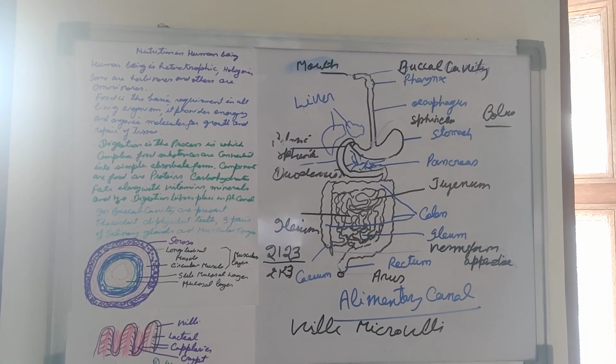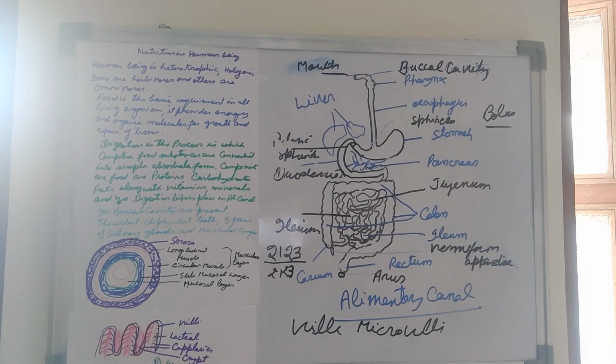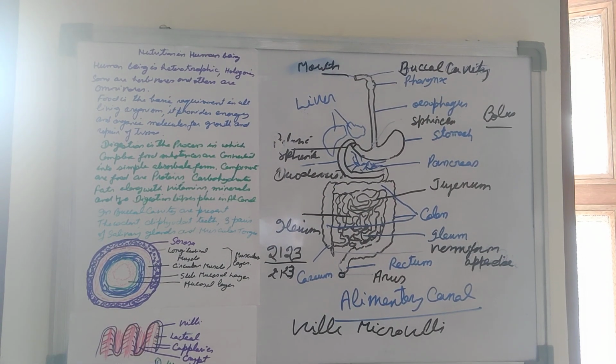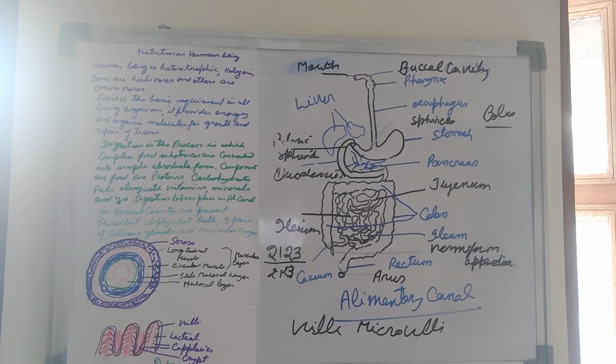So all these things, tongue, teeth and glands, function together to digest some of the carbohydrate part of the food.